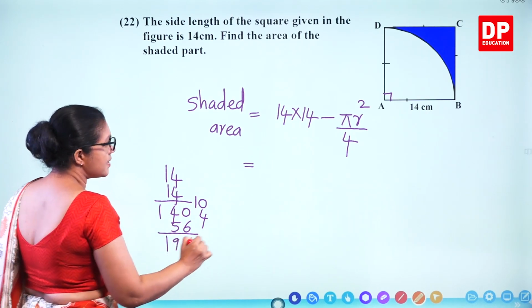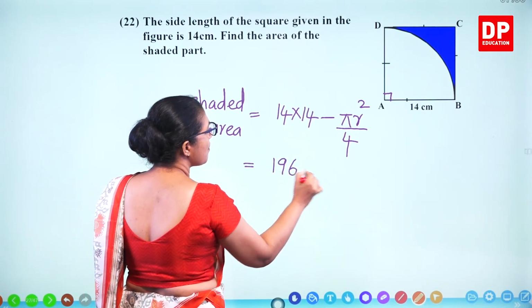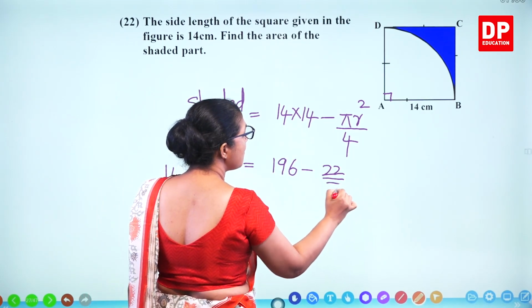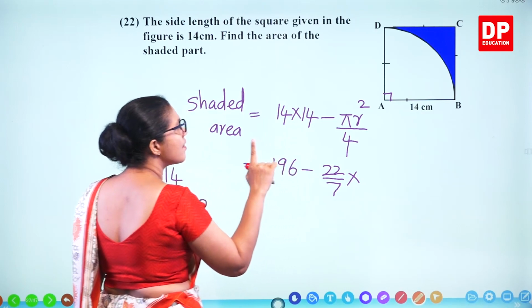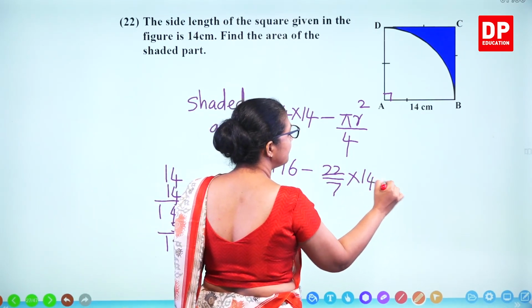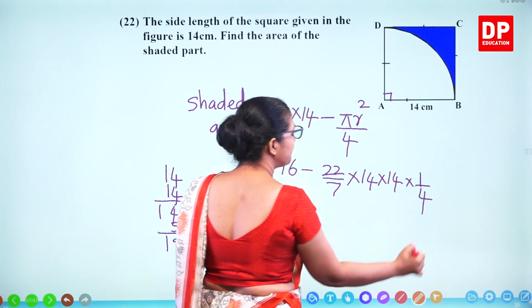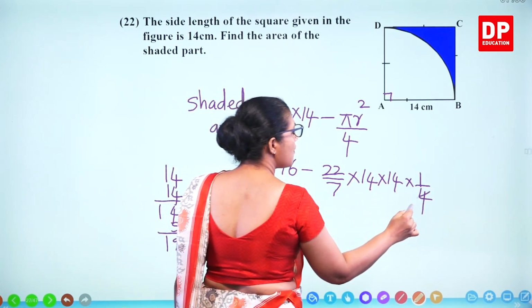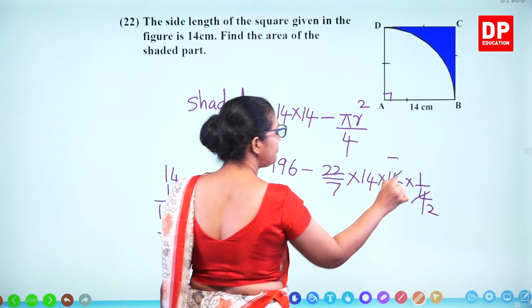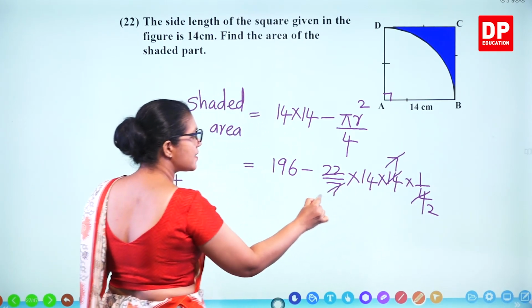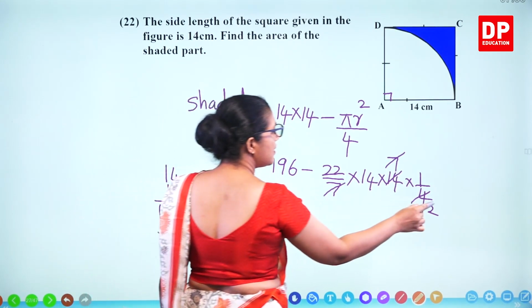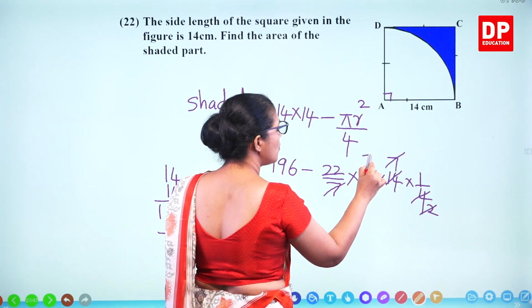So 196 minus 22 over 7, r. R is 14. And here 1/4 is there. Divide by 2. And here divide by 7. Divide by 2.